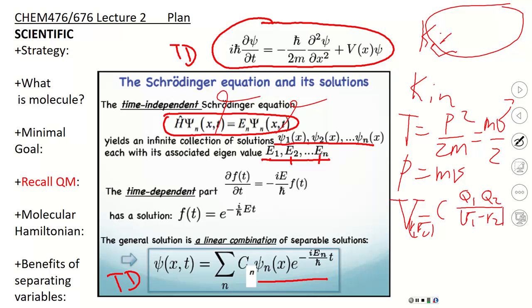If the positions of two point charges are very near each other, then they will interact like crazy. If they are far away from each other, if this R1 minus R2 is infinity, then Coulomb's law gives you 0. That's absolute.